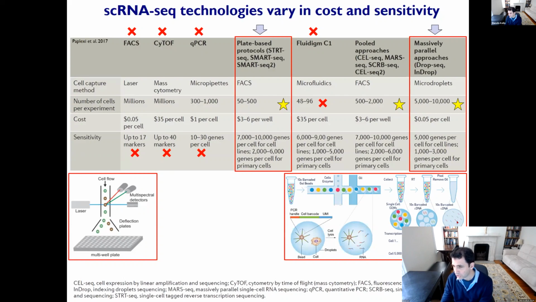And the main difference here is you're doing a traditional RNA-seq experiment, but you have managed to label which cell every RNA came from. So you basically have red barcodes. You're like, oh, they're all coming from the same cell. And you have green barcodes. Oh, they're all coming from the same cell. And then blue barcodes. Oh, they're all coming from the same cell. Okay.